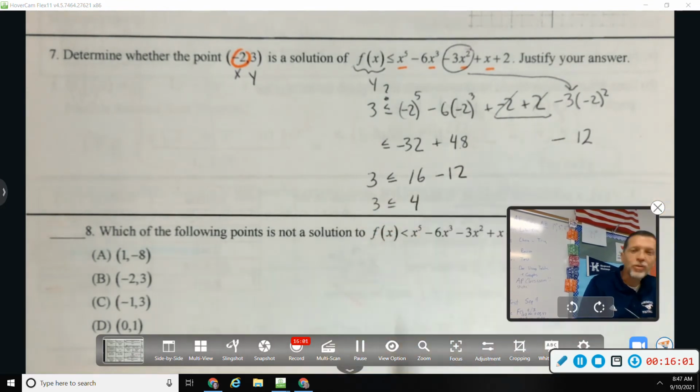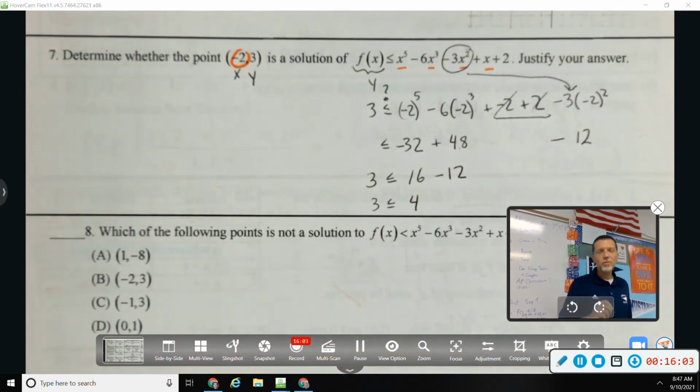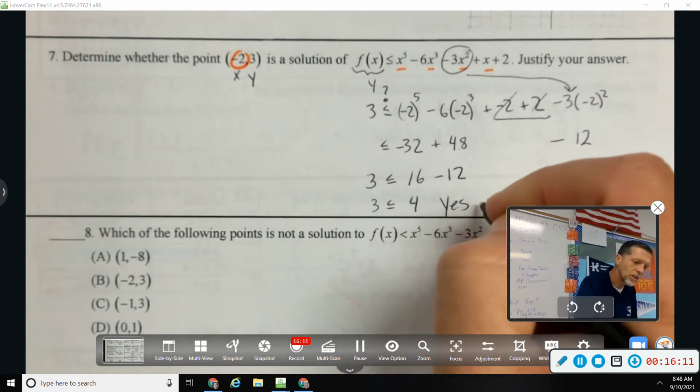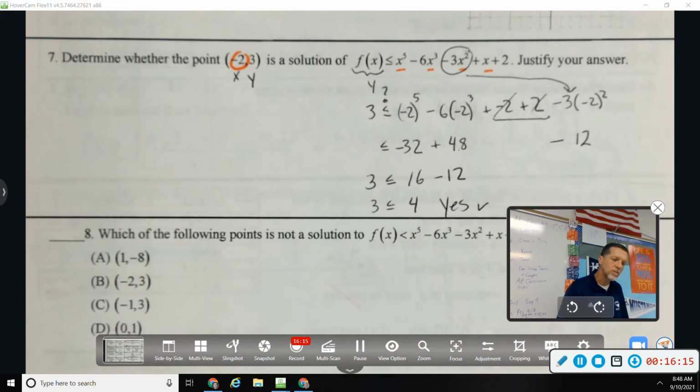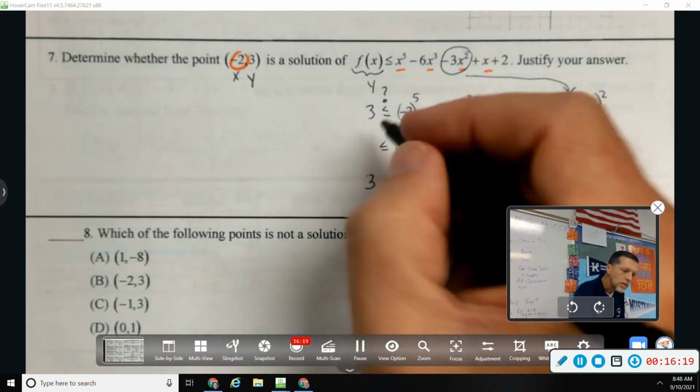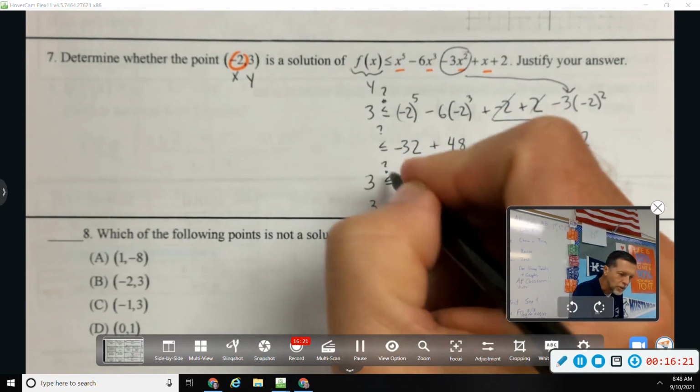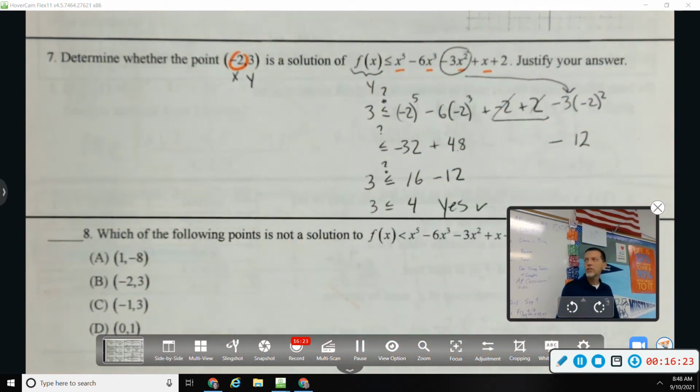That's one of those fortunate places where the mistake I made, I still would have got the answer correct, because 3 is less than 4. Yes, that is true. So, yes, negative 2, 3 is a solution to that because it makes a true statement. I guess I should have included the question marks all the way until we knew for sure at the end.